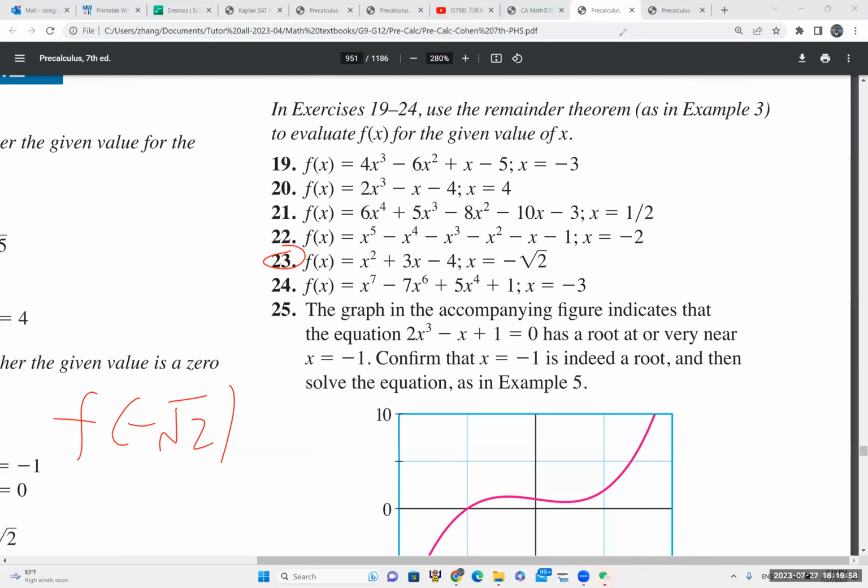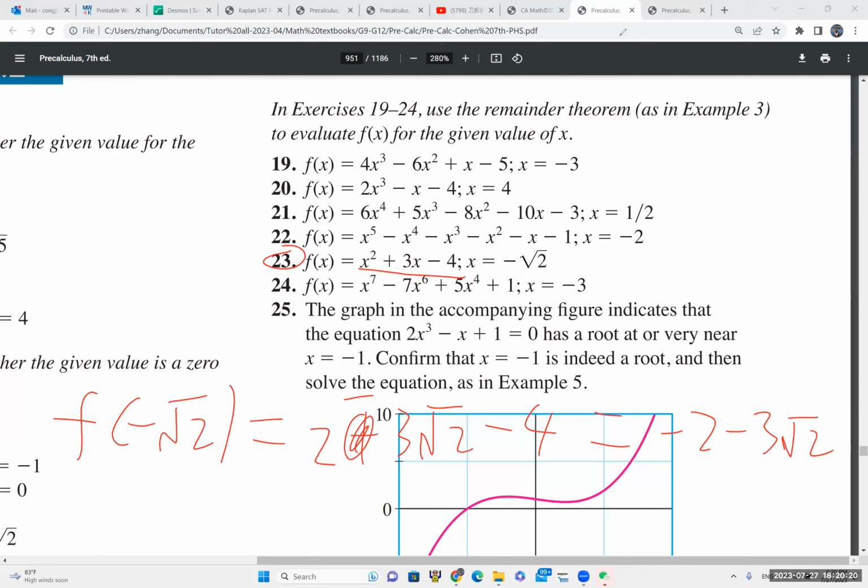Here we can find the result. This just means 2, this means 3 times the square root of 2, negative, right? Then minus 4. So together it's -2, -3 square root of 2, right?